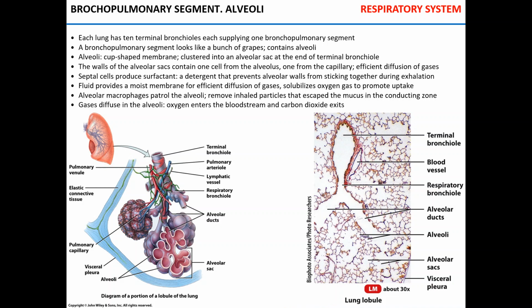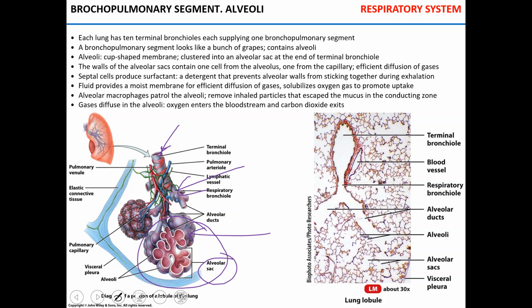Bronchioles supply bronchopulmonary segments, and then bronchioles keep dividing, eventually leading to terminal bronchioles. Terminal bronchioles give rise to respiratory bronchioles. And at the end of the respiratory bronchiole is the alveolar sac, composed of multiple grape-like structures called alveoli.